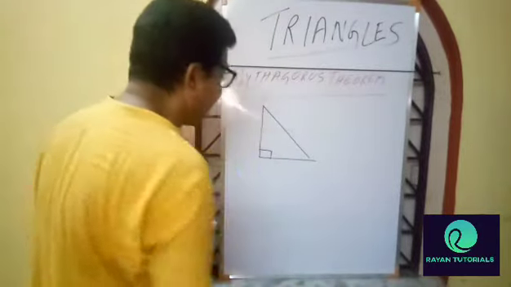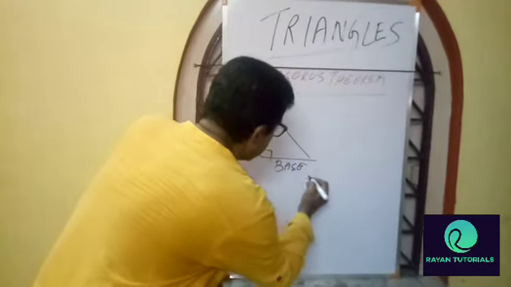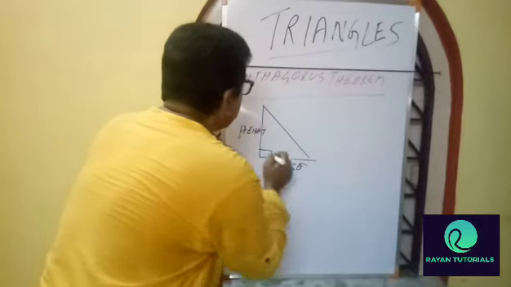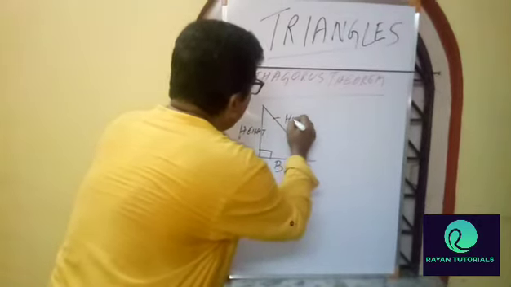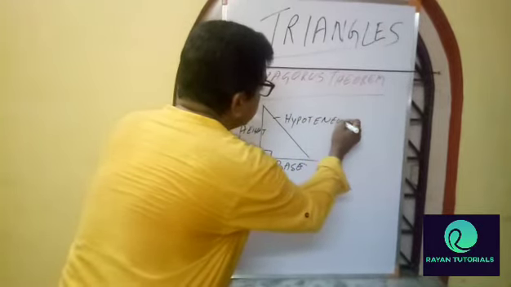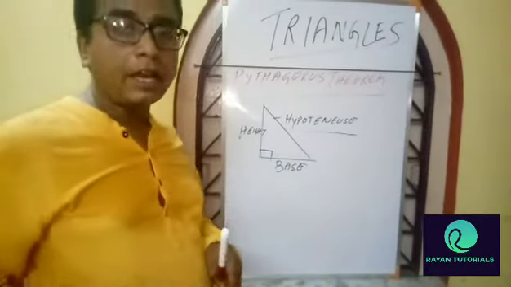So this is a right angle. This is called the base. This is called the height. And this is called the hypotenuse. Clear?